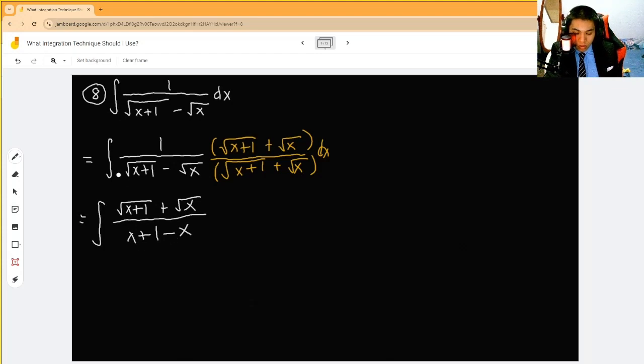And we can just take this out. And then when we divide this function by 1, it will be the same. So we're actually just integrating square root of x plus 1 plus square root of x dx. Okay.